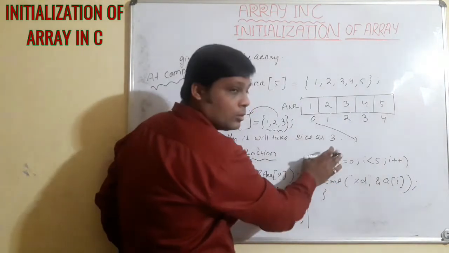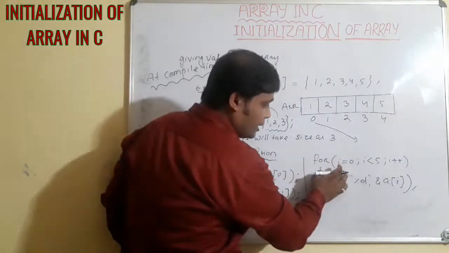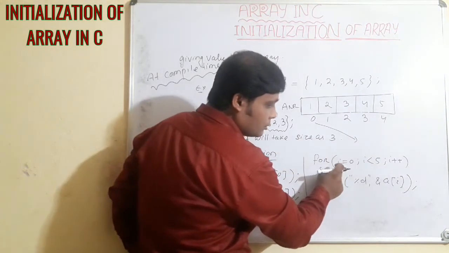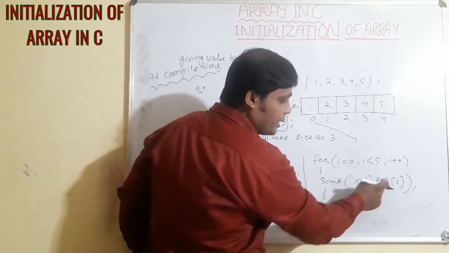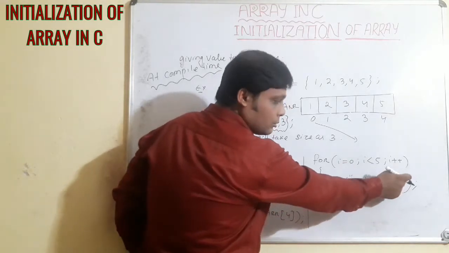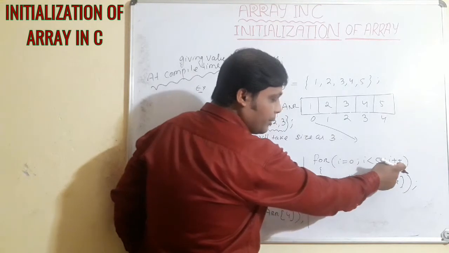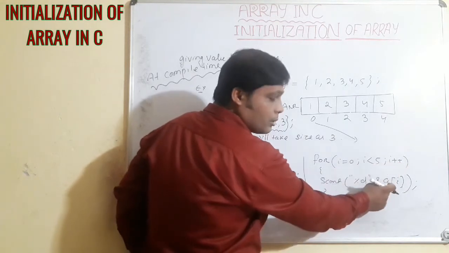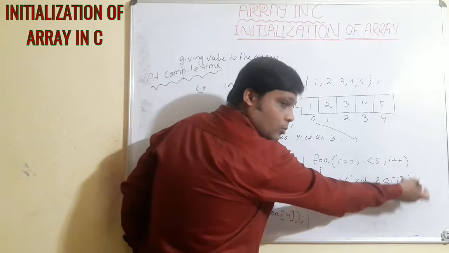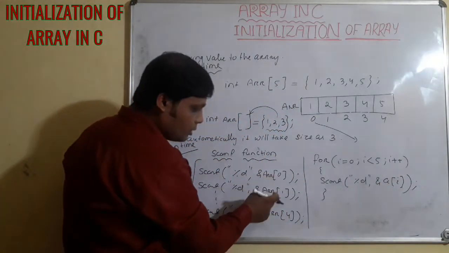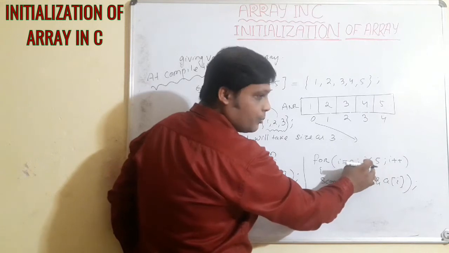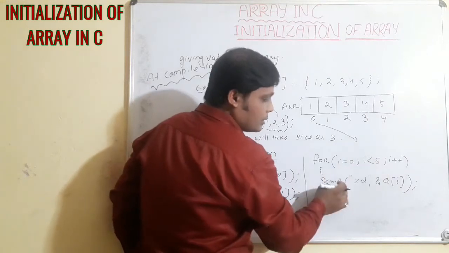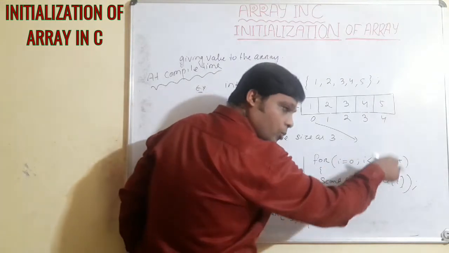Here I have taken a for loop. Just see, for i equal to 0. Suppose i value is 0 first. Then scanf %d ampersand a of 0. Next the i value will be incremented to 1, and it will be scanf a of 1, like this: a of 0, a of 1, a of 2. The last value of i will be 4. 4 less than 5, yes. scanf %d ampersand a of 4.